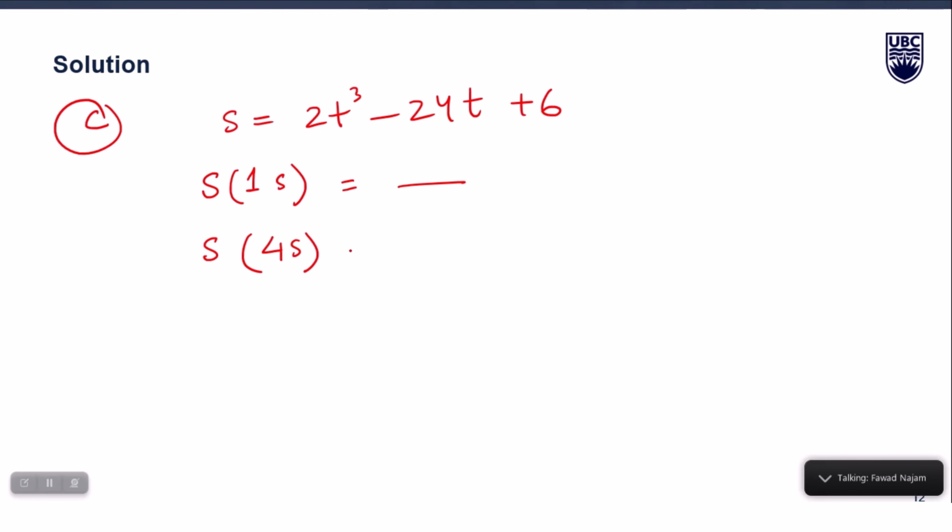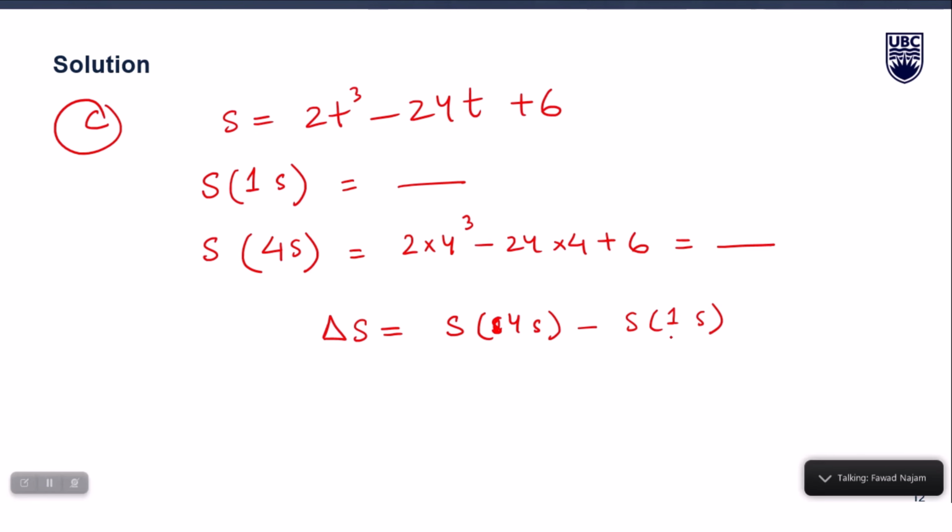So by putting, for example, 2 times 4 cube minus 24 into 4 plus 6, right? So you will get the displacement at 4 seconds. And then in order to calculate the net displacement, that should be s at 4 seconds minus s at 1 second, right?